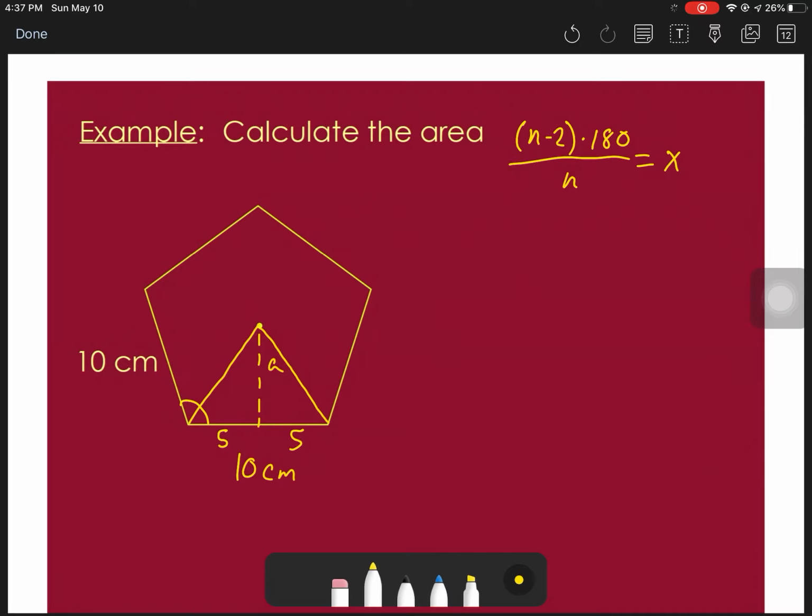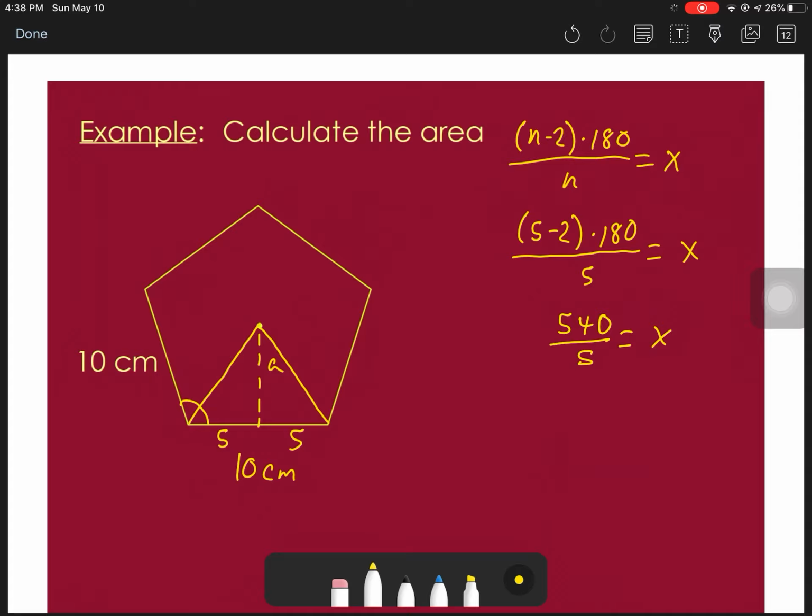In this case, this is a pentagon, 5 sides, so I'm going to replace n with 5. 5 minus 2 is 3. 3 times 180 is 540 over 5 equals x.